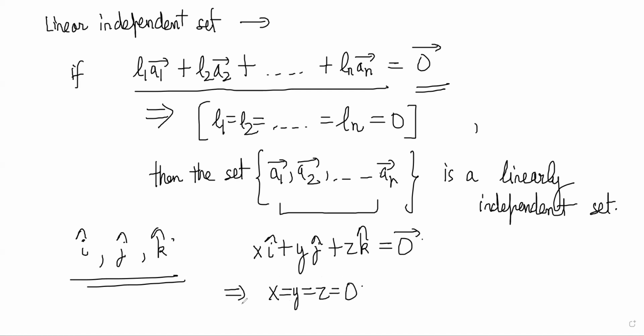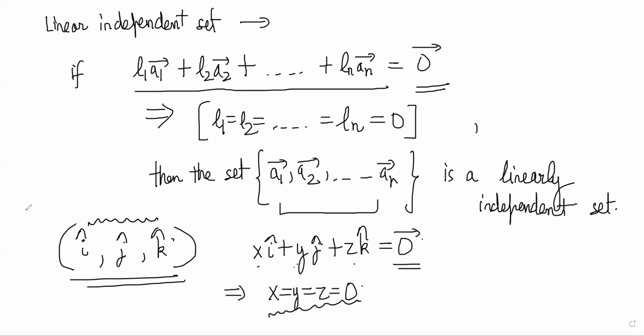You cannot have x or y or z being non-zero and still be able to add these vectors and make it 0 vector, right? So since all the scalars are simultaneously 0, if the linear combination of these three is equal to 0 vector, we call these three an independent set, right?